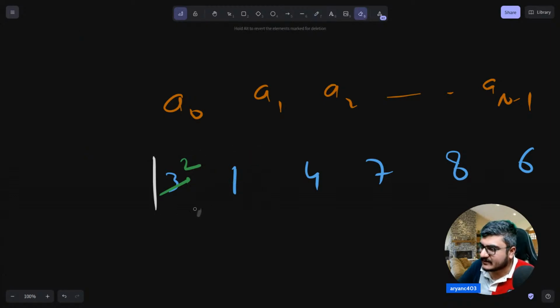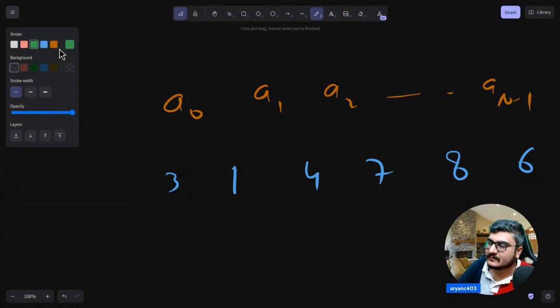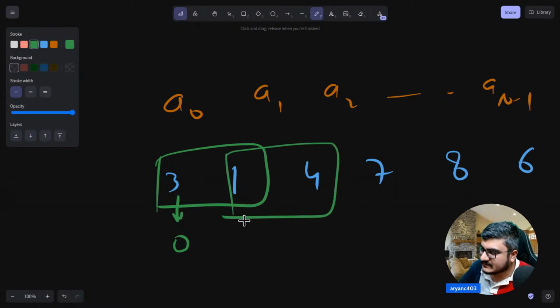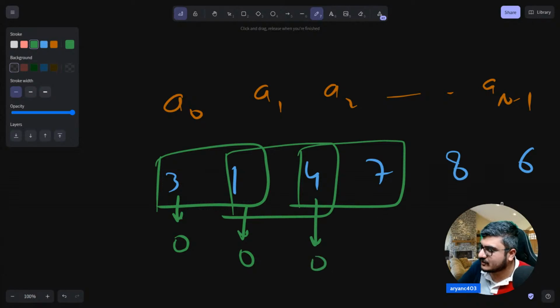Let's take one where the answer is yes. Basically the idea is, the first time you do an operation here, this number becomes 0. Then you do an operation here, then this number will become 0. Then you do an operation here, this number should become 0, and something like that.